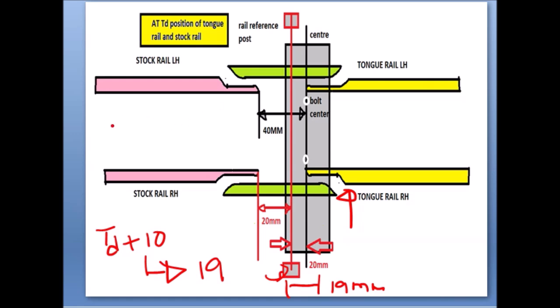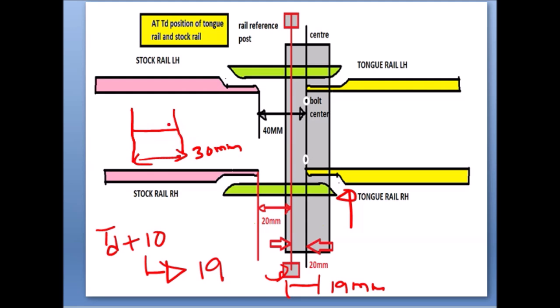So I am writing here. Let us say this is our reference line. Okay, so let us say this is the position of the tongue rail. Tongue rail was here, which is at a distance of 30 mm.